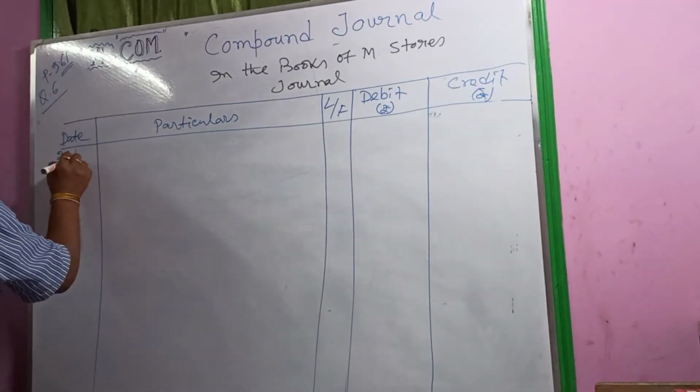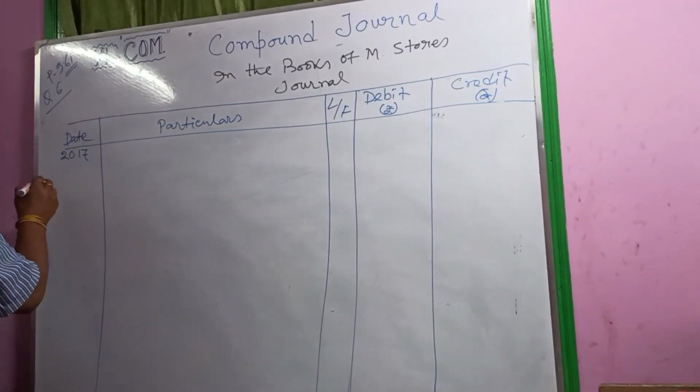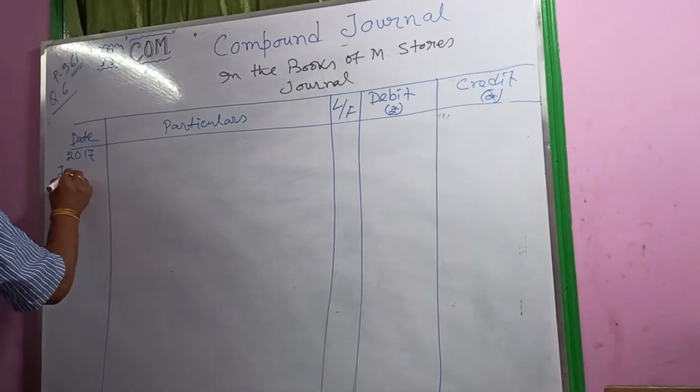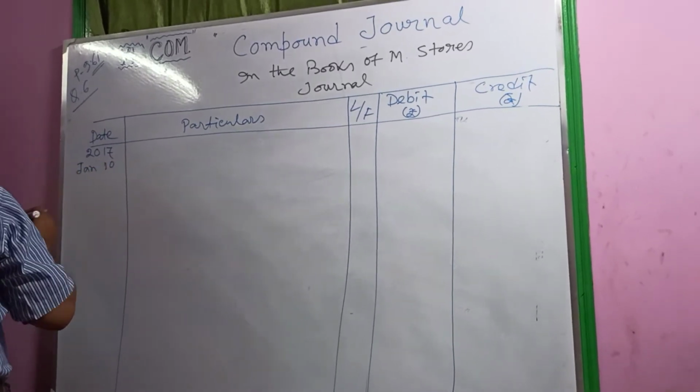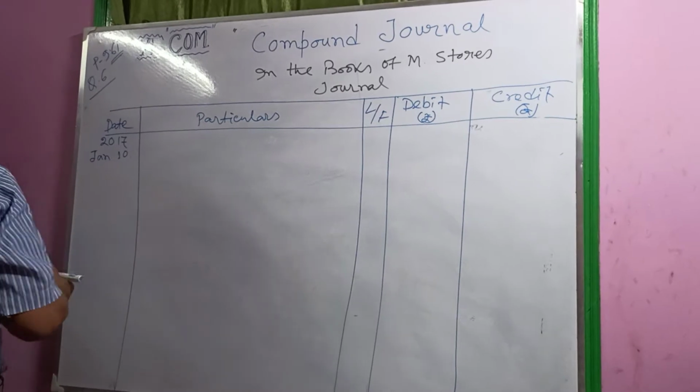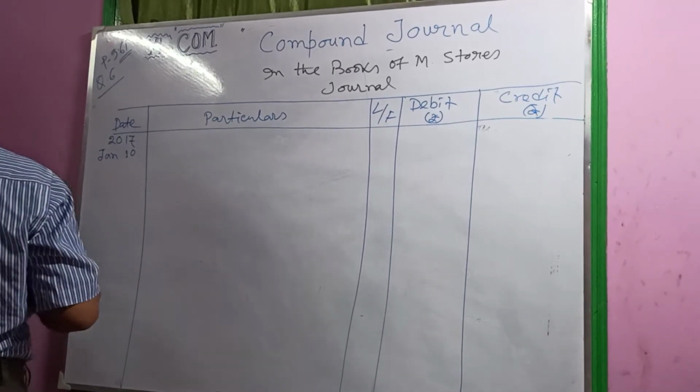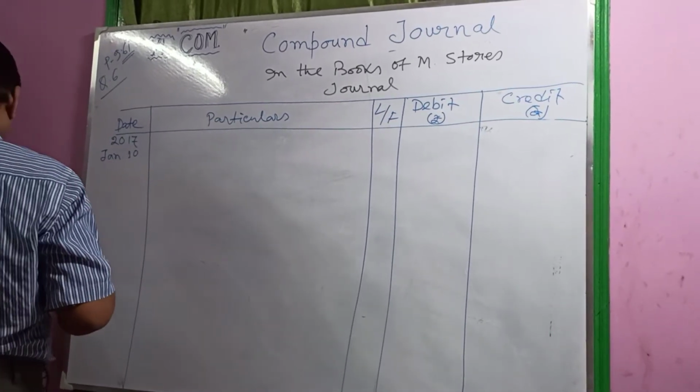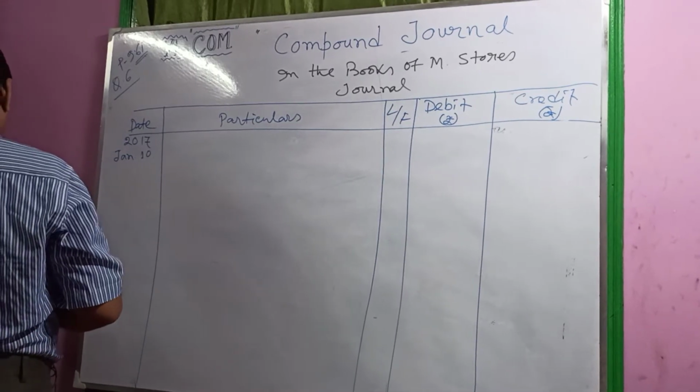Date: 2017, January, 10th January. See the question: purchase goods from Ghanshyam of the list price 50,000 at 15% trade discount.